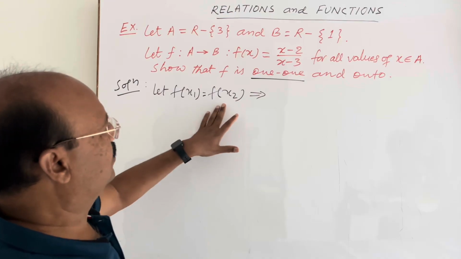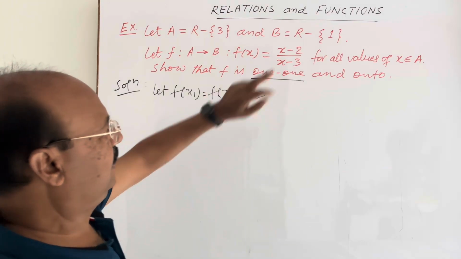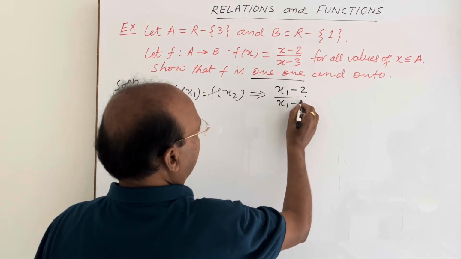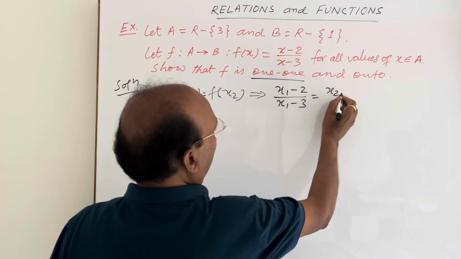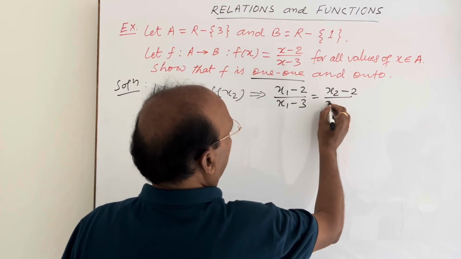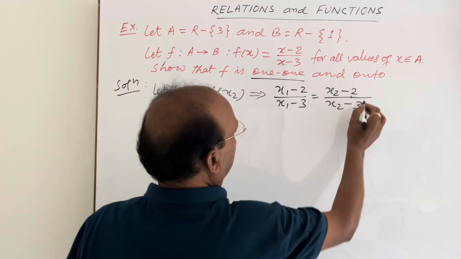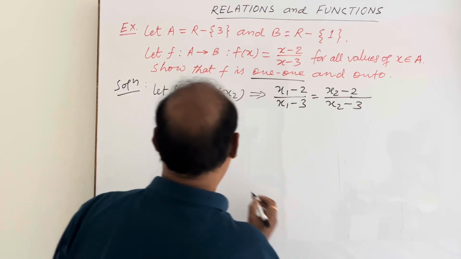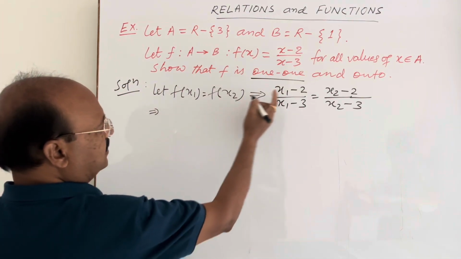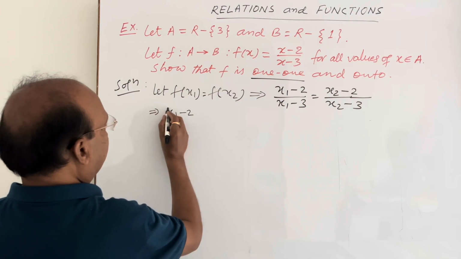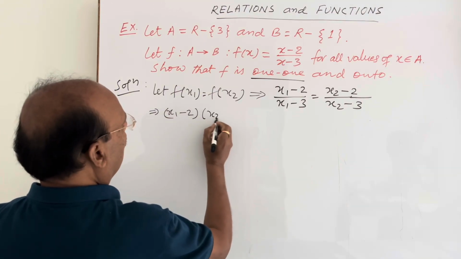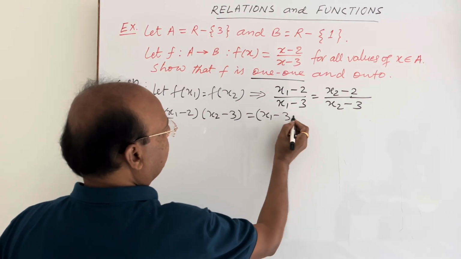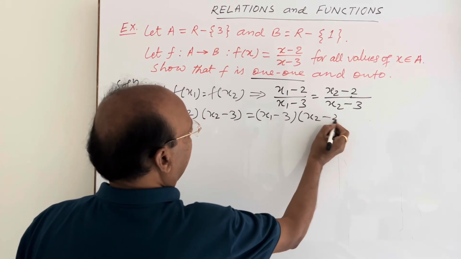So f(x1) is equal to f(x2) implies (x1 minus 2) by (x1 minus 3) is equal to (x2 minus 2) by (x2 minus 3). Now we have to simplify it. By cross multiplication, (x1 minus 2) into (x2 minus 3) is equal to (x1 minus 3) into (x2 minus 2).